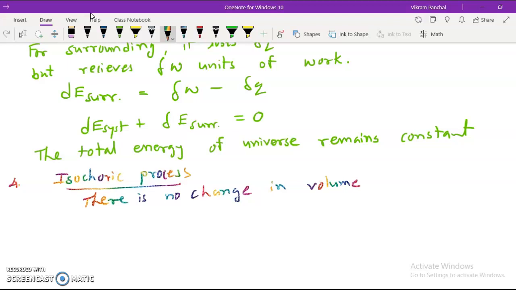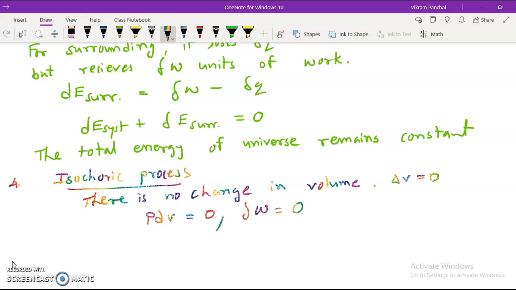That means delta V will be 0. If delta V is 0, then P delta V is also 0 and P dV is work. So therefore delta W will be 0.